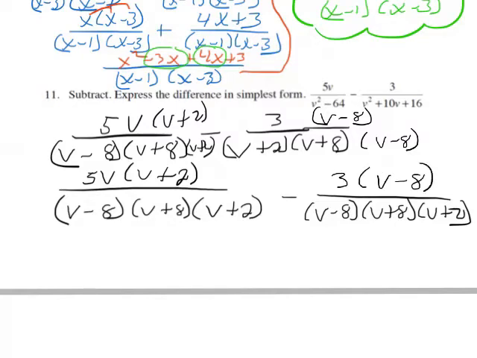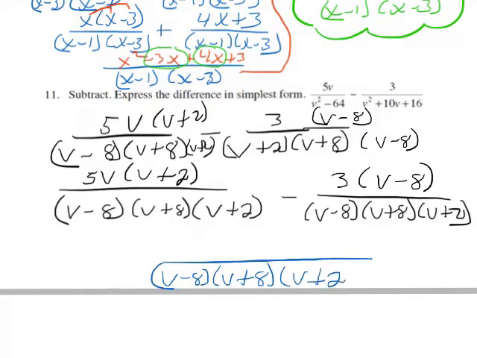Alright, now that we have a common denominator, I am going to subtract my numerators. So let's put it all over top of this. V minus 8, v plus an 8, v plus a 2. And on the top I have a 5v times v plus 2 minus 3 times v minus an 8.